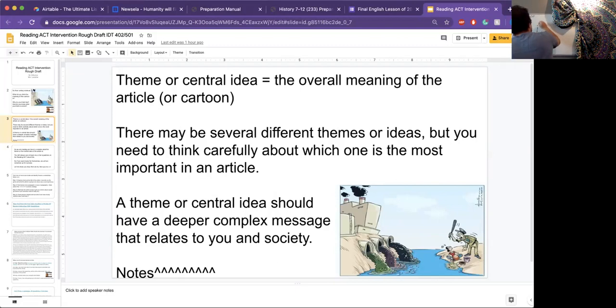Label them theme slash central idea. Okay, so pause me now and write your notes down.